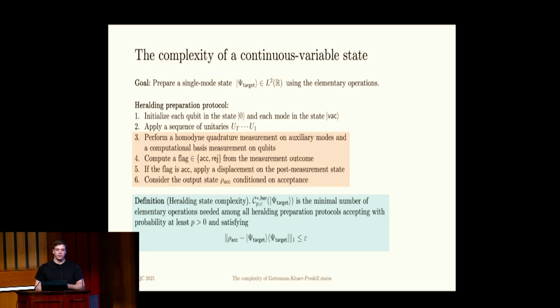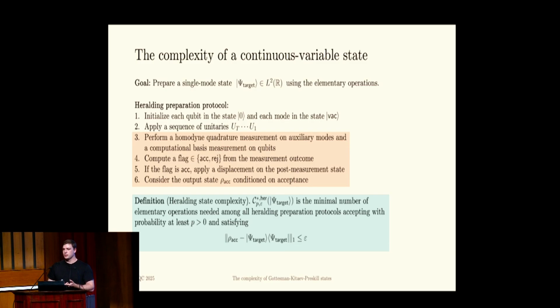Secondly, we also consider heralding protocols. These are protocols that require post-processing. The first two steps are similar to the unitary case. In the third step, we perform homodyne measurements on the auxiliary modes and computational basis measurements on the auxiliary qubits.